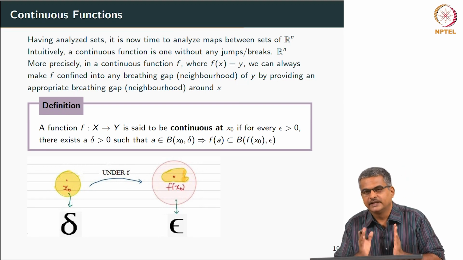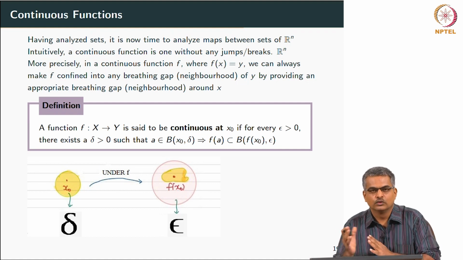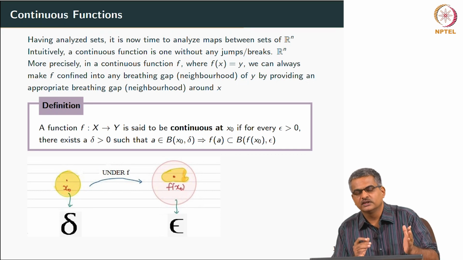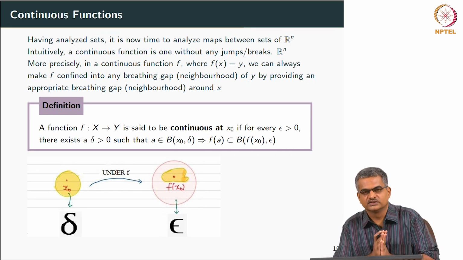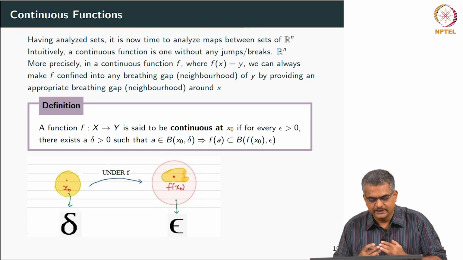So, two sets A and B are said to be separated if A union B is the whole space, and if A intersection B closure is the null set and A closure intersection B is also the null set. So, we say that A and B are separated. If they are not separated, then they are said to be connected.